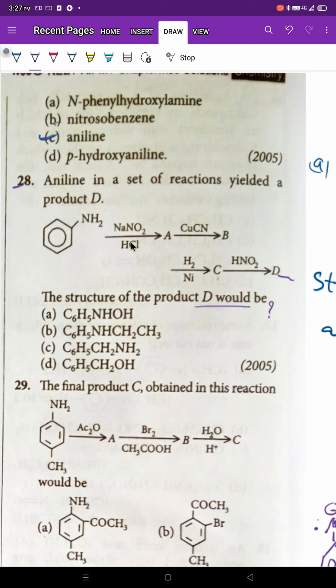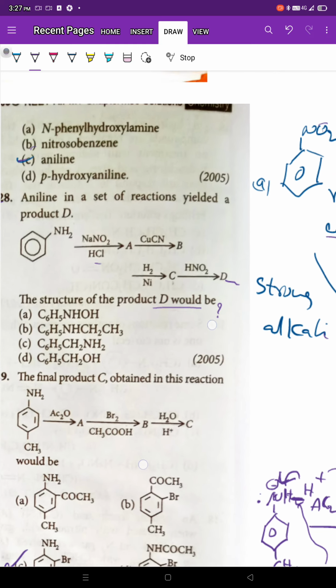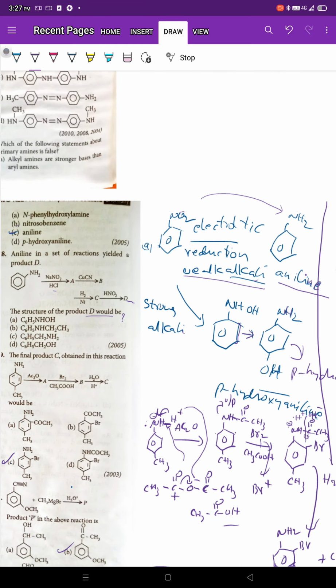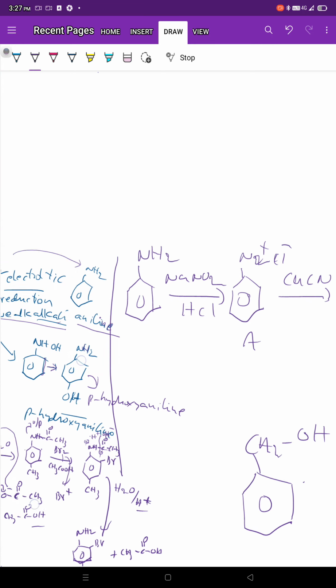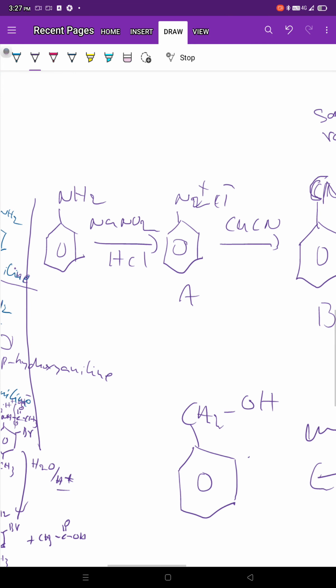Aniline on reaction with NaNO2 and HCl, you can get benzene diazonium chloride. This is the product.